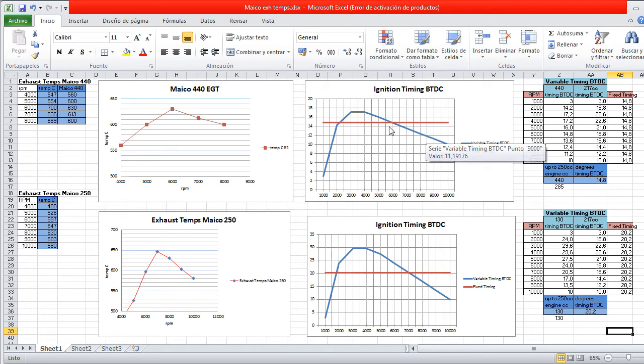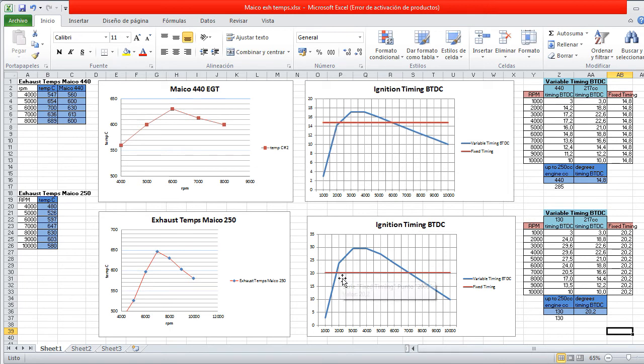So this is the timing of a fixed timing ignition, which in this case the old Makos, the 250 and the 440, both had fixed timing ignitions. So no matter what the RPM is, it is fixed at that timing. In this case it's almost 15 degrees before top dead center.